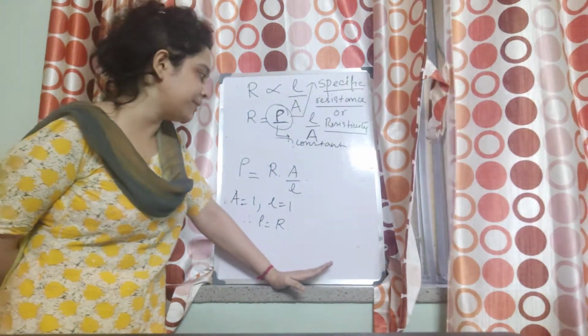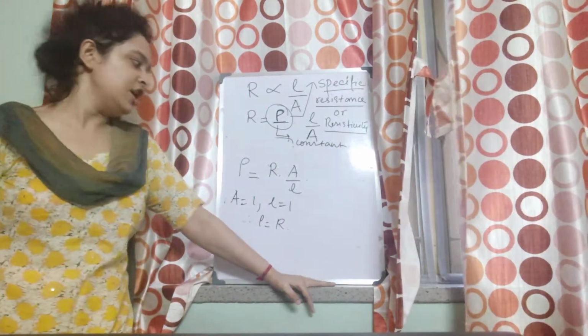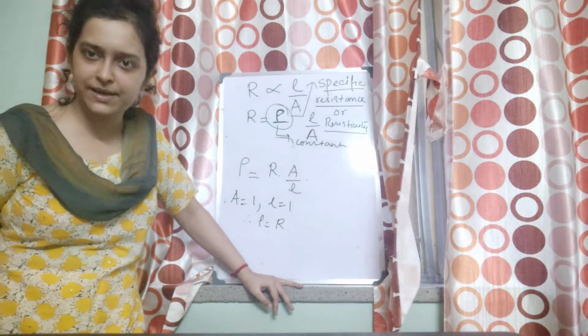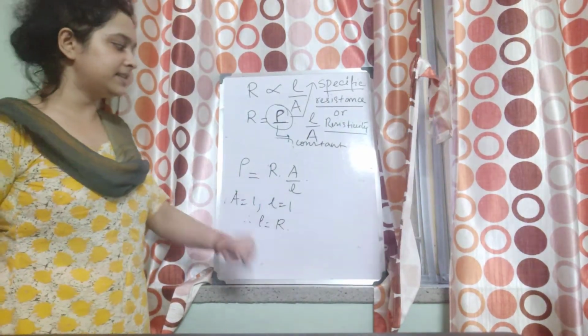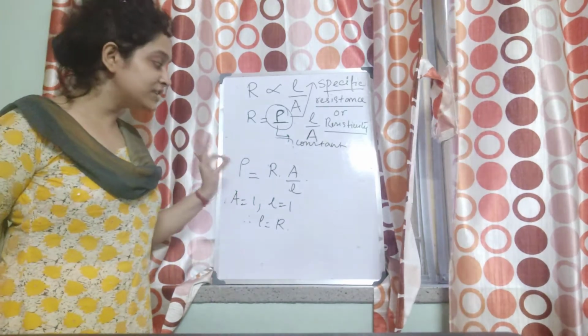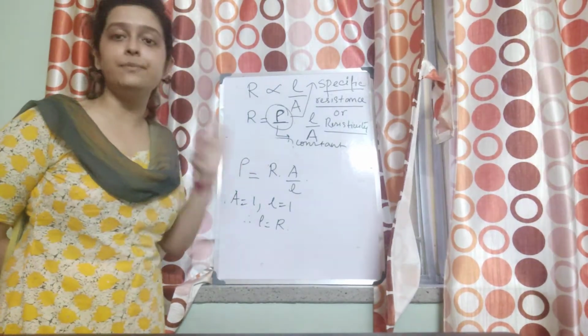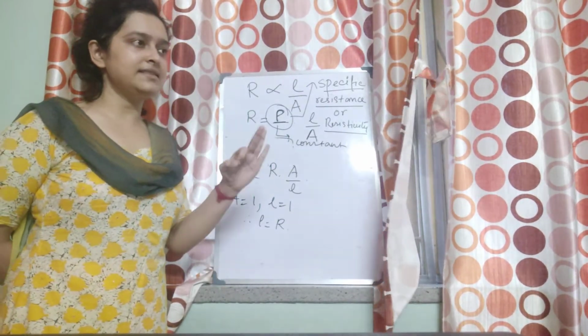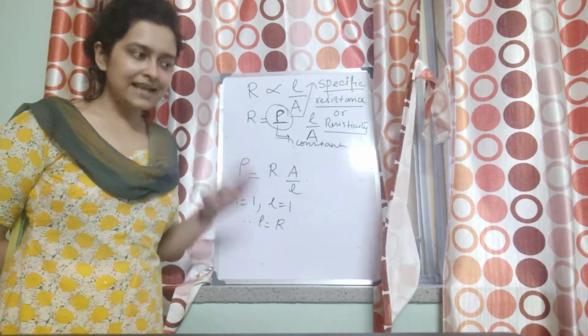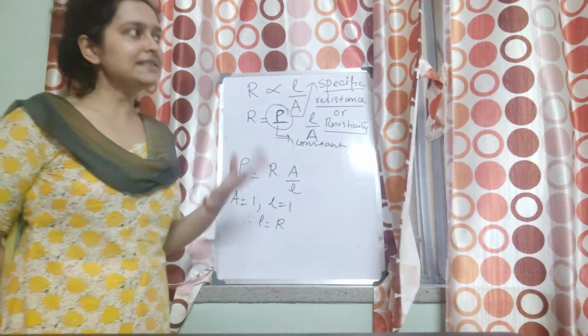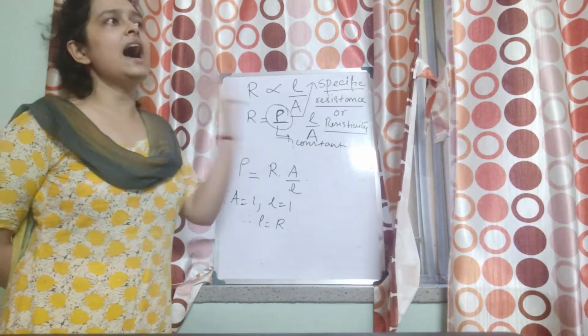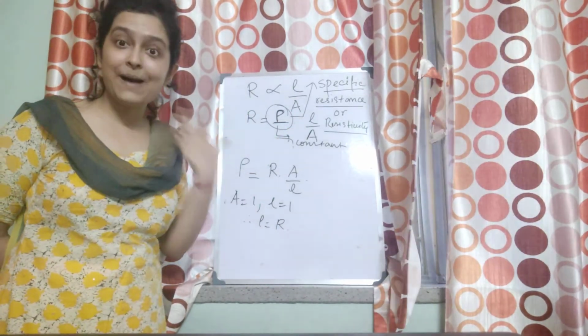Specific resistance of a material is defined as the resistance offered by the material per unit area of cross section per unit length. That means it is actually the characteristic of the material. If specific resistance is low, that means it's a good conductor, right? If specific resistance is very high, it's a bad conductor.